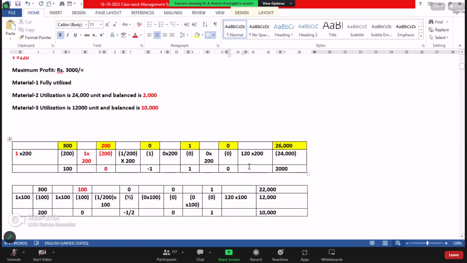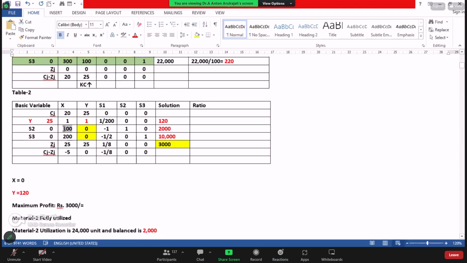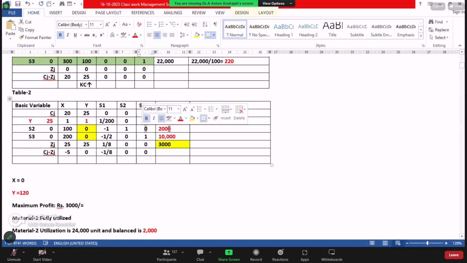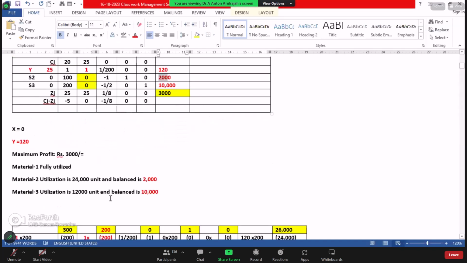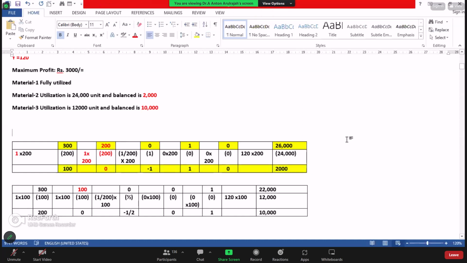Here 26,000 minus 24,000, that is 2,000. So now again this value 100, 0, minus 1, 1. All these values are from here.